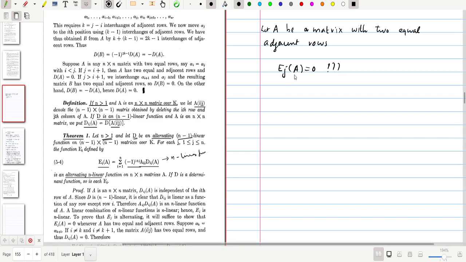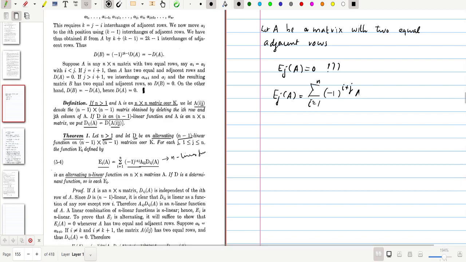So how will you prove ej of a is equal to 0? By definition, ej of a is the same as the summation over i equal to 1 to n of minus 1 power i plus j, aij, dij of a. That means we need to expand this expression with i equal to 1, i equal to 2 and so on. Our assumption is that this a has two equal adjacent rows.